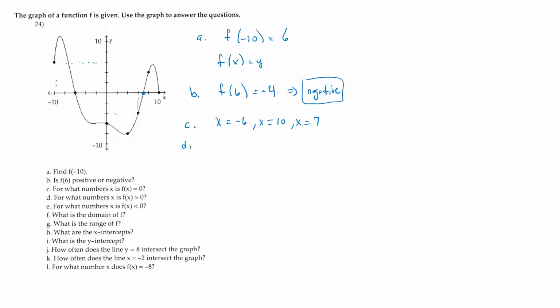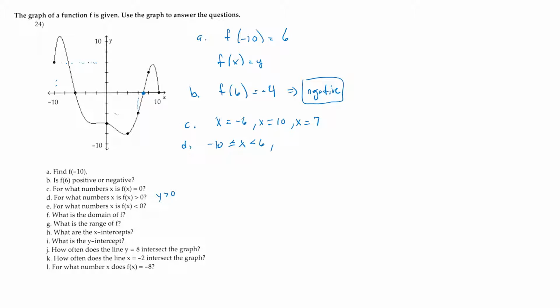For what numbers x is f of x greater than 0? F of x is the same thing as y, so they're asking me what x coordinates have y coordinates greater than 0. Well, if x is between negative 10 and negative 6, those x coordinates have positive y coordinates.